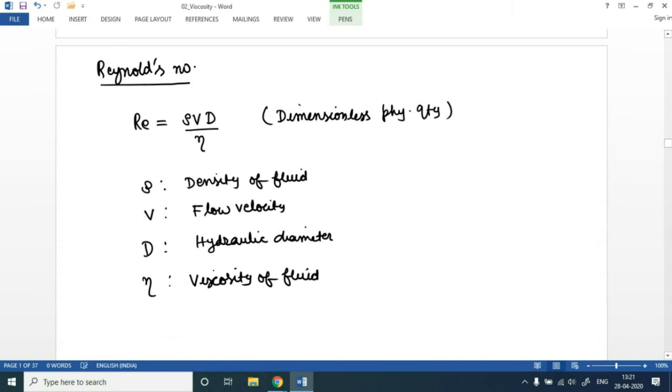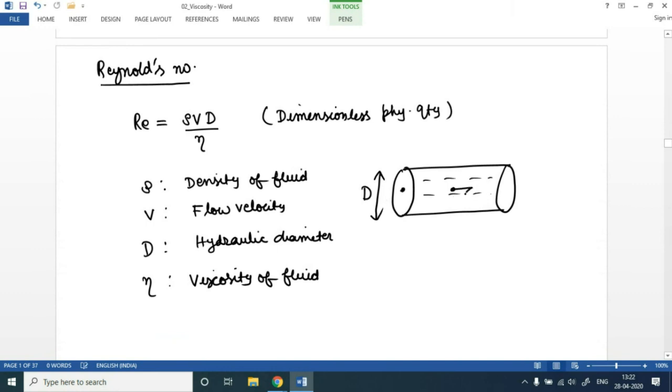For a special case, like the flow of fluid in a pipe, this hydraulic diameter would be the same as the diameter of the pipe. So this is D, and let's say liquid is flowing in this direction and the flow velocity is V. The parameters for the liquid are its density rho and viscosity eta.